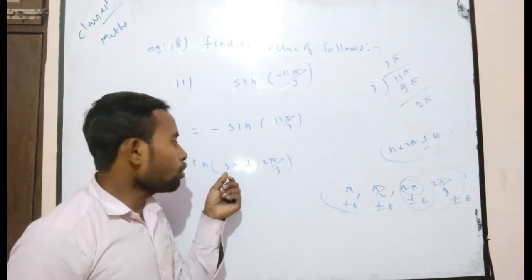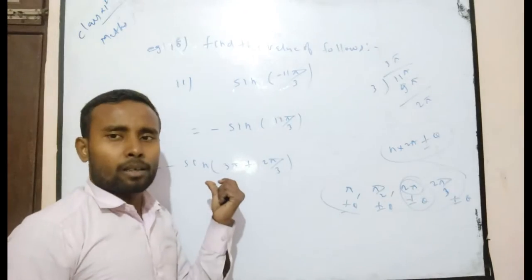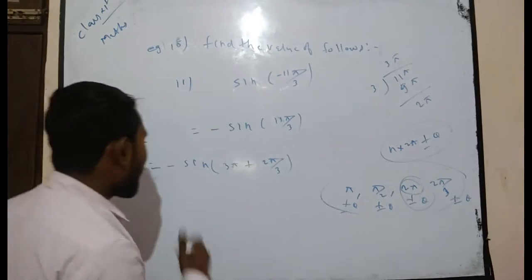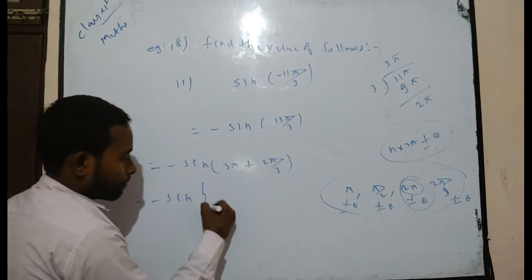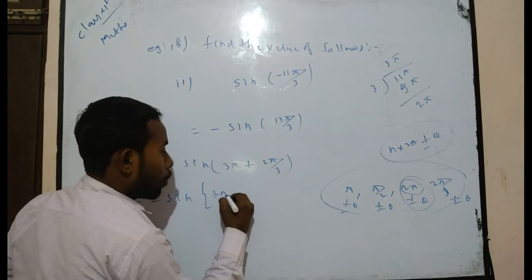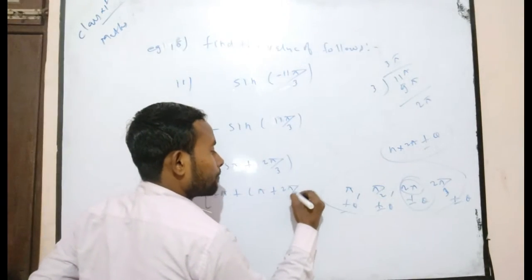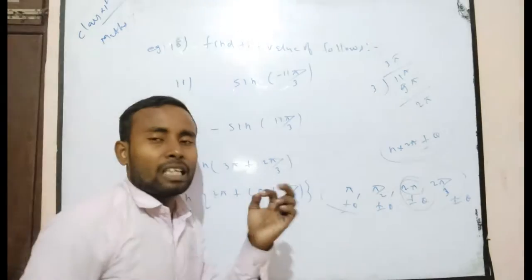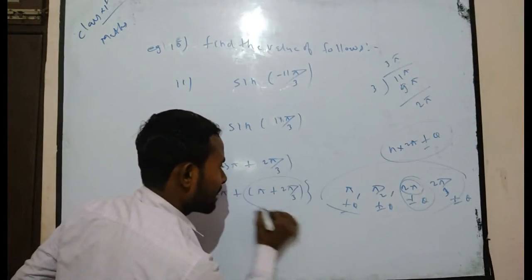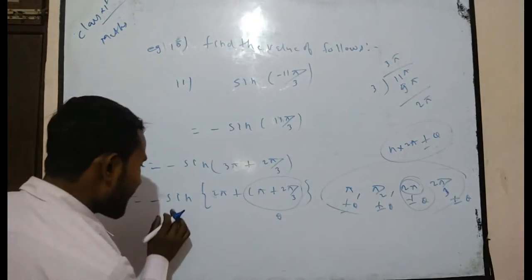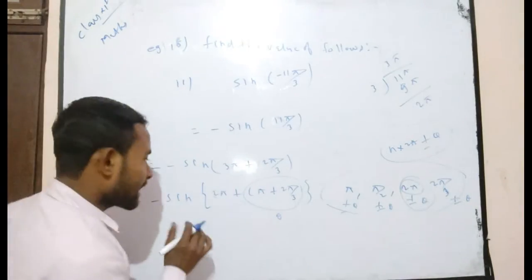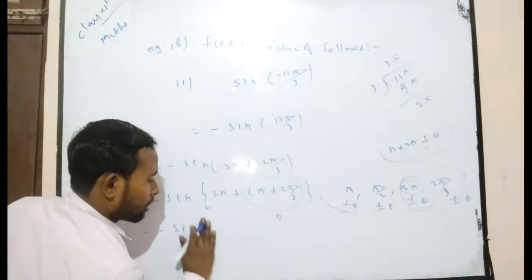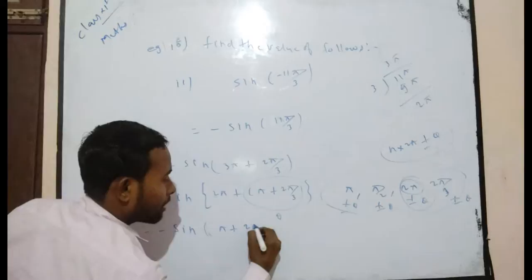So you have to remove 2π from this, and the remaining π is added to this term. You can write it again as -sin(2π + (π + 2π/3)). Suppose that π + 2π/3 behaves as θ. Then sin(2π + θ) will be sin θ. So you can write -sin(π + 2π/3).